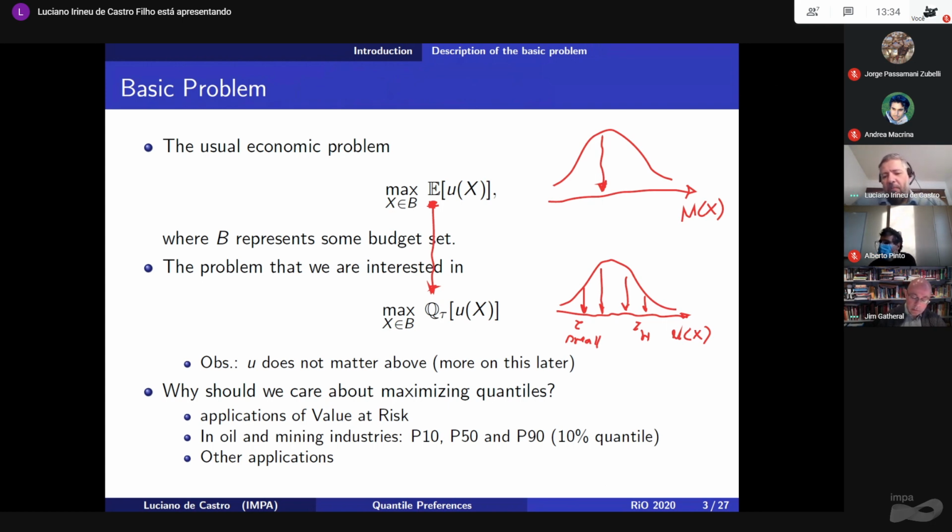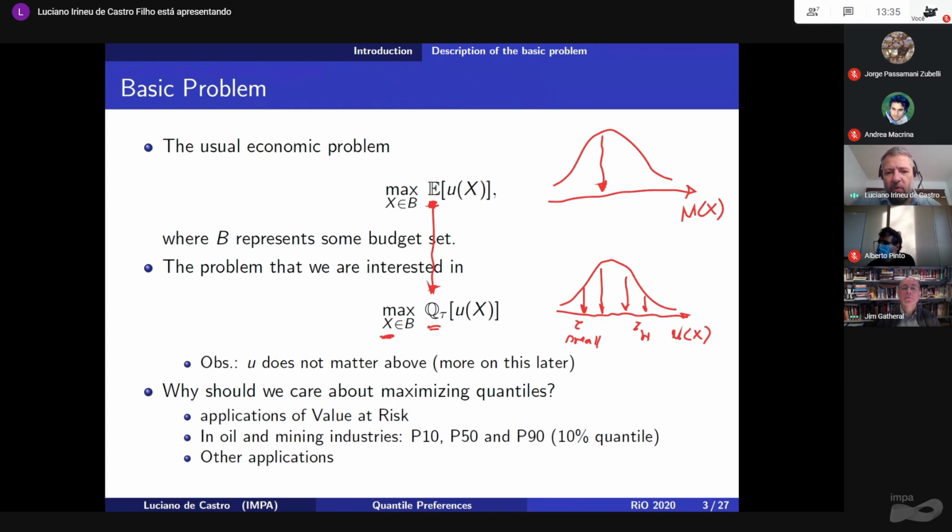Once you understand, and I hope it's very clear, the kind of problems that we're looking at: for instance, the X here would be a portfolio. We combine a number of assets, invest different weights in different assets, and then you come up with a portfolio that will be X, and this is the thing that you want to maximize.